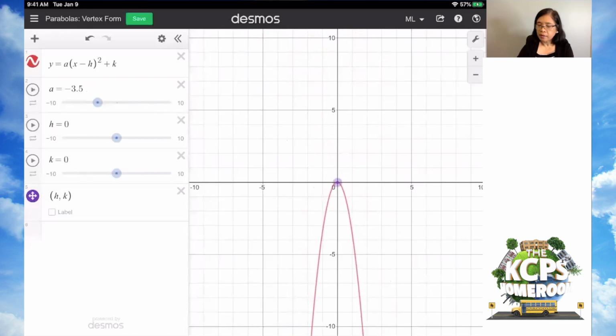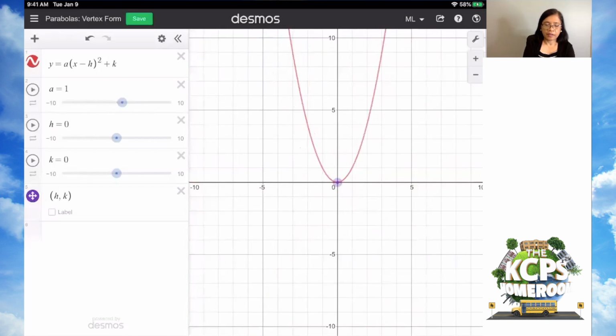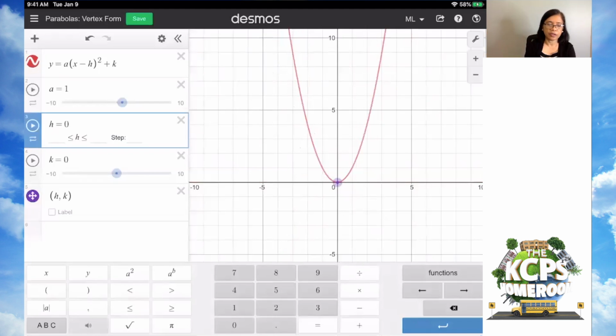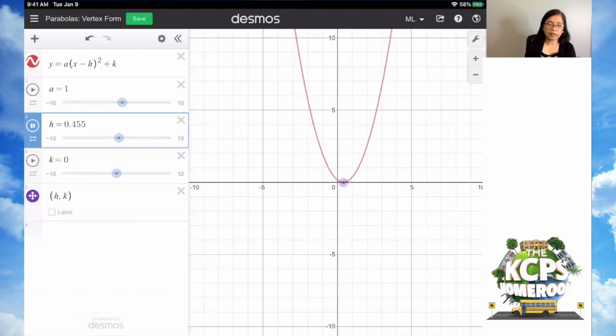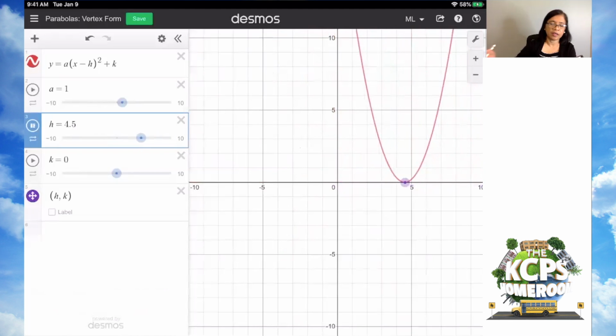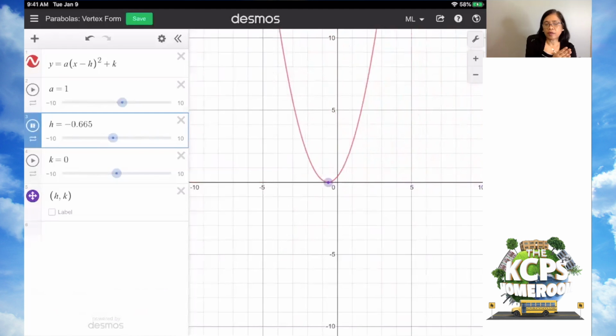Then, when we change the value of h, we keep a constant. We're not changing the width or reflecting it across the x-axis. Let's change the value of h. In this case, when h is positive, it moves to the right, then it moves to the left when it's negative.